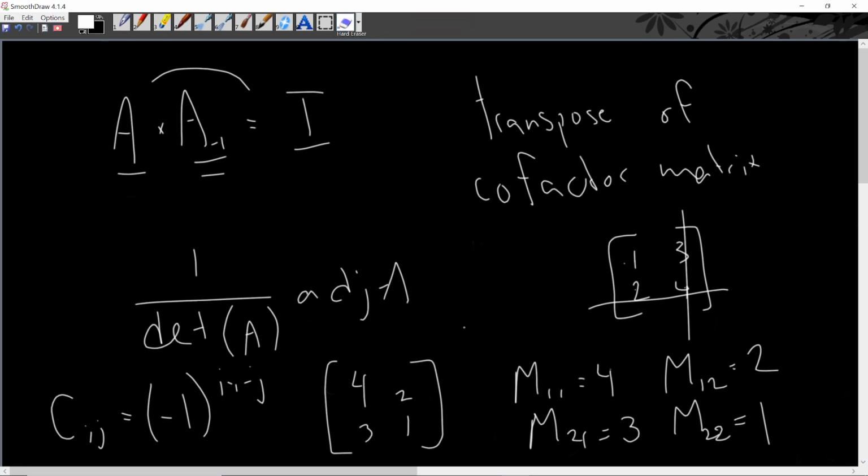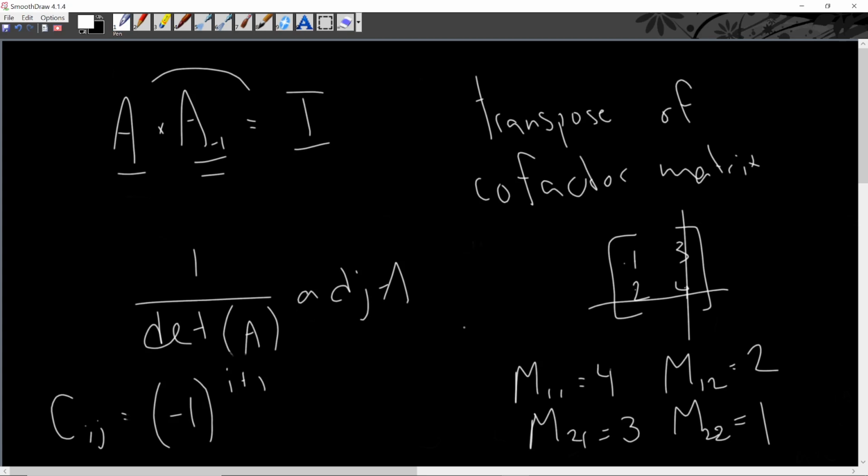The cofactor of some element Cij is equal to negative 1 to the power of i plus j times the minor of ij.